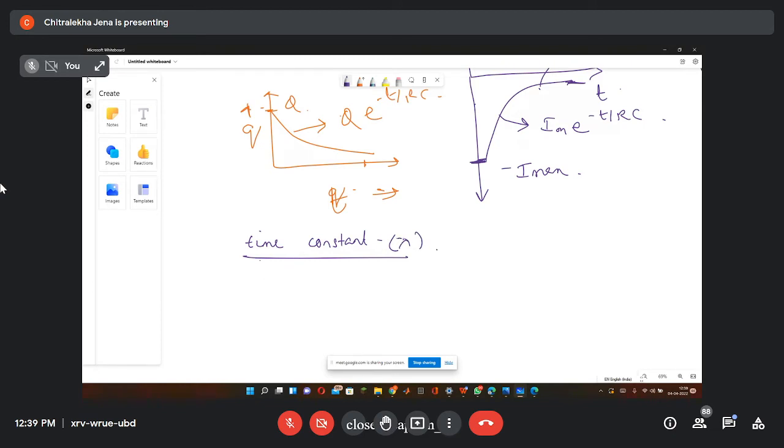So here you substitute the equation of Vc equal to capital V e to the power minus t by RC. You put t equal to lambda, that is equal to RC. You substitute here. What is the value of the voltage across the capacitor you are getting?